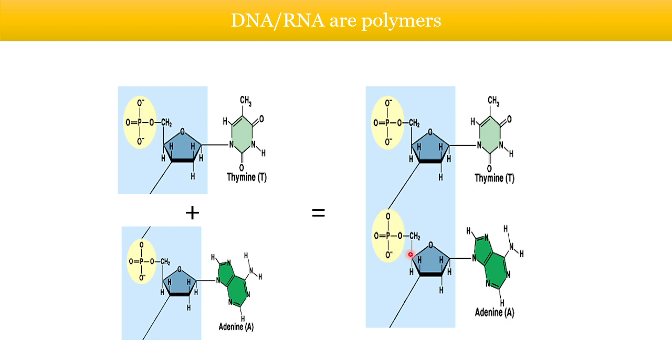So a phosphodiester bond is being formed, and your two monomers join together, giving your TA. This is not the hydrogen bonding. This is just how these nucleotides attach one after the other, forming the helical structure.